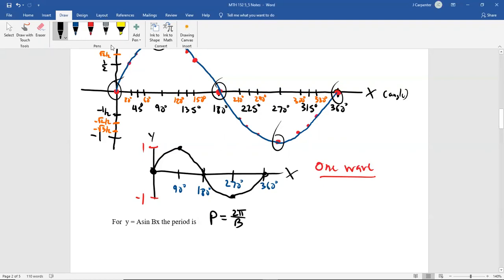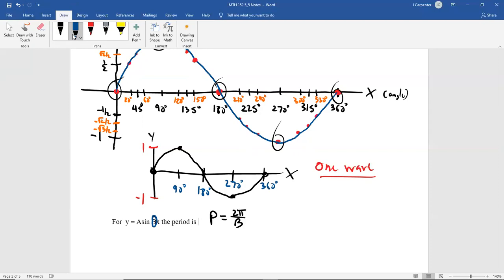So what this B in here does, I know I hit blue. What this B in here does, basically, it's the speed of the wave. So the bigger that number is, the more waves you would get in 360 degrees.